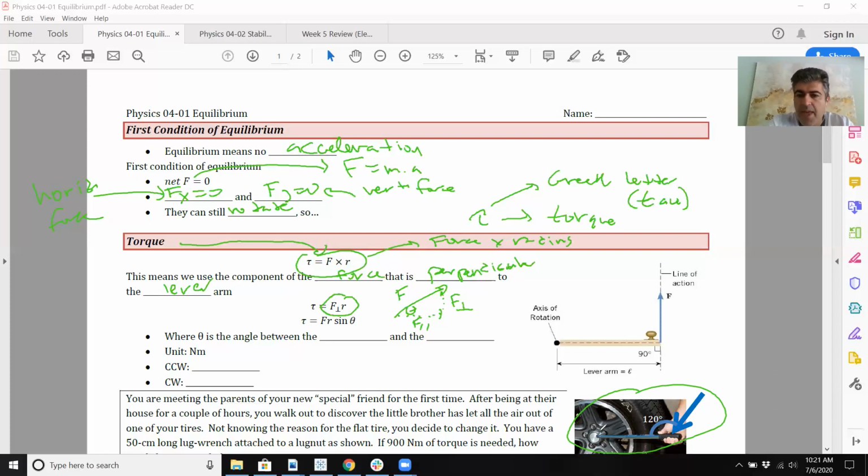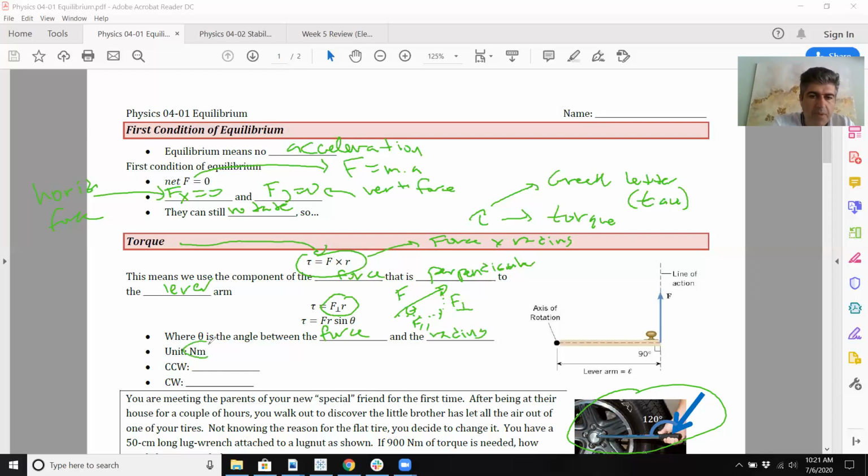So there's a certain angle that you might form between this apparatus and the tire itself. But of course, we're looking more at the perpendicular force, where theta is the angle between the force and the radius, or basically your lever arm.